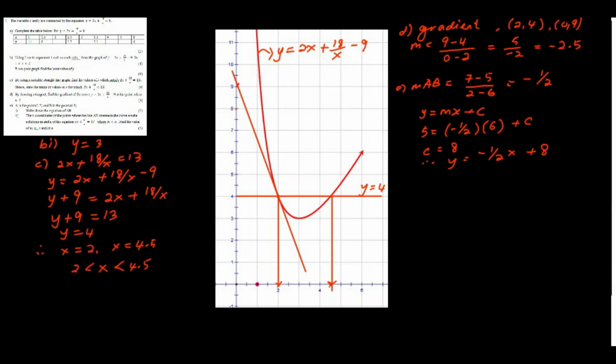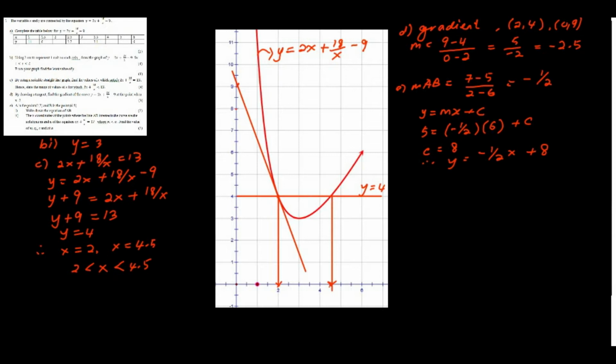Then after that, from the graph you need to find the x coordinates of the points where the line AB intersects the curve, which are the solutions m and n. Remember, you need to draw the graph for y equals negative half x plus 8. Let's see if we can draw this.